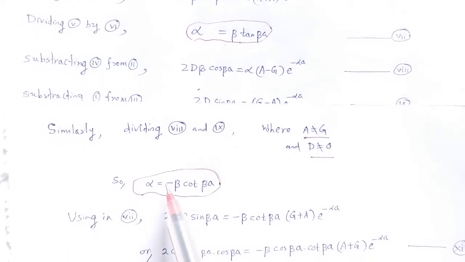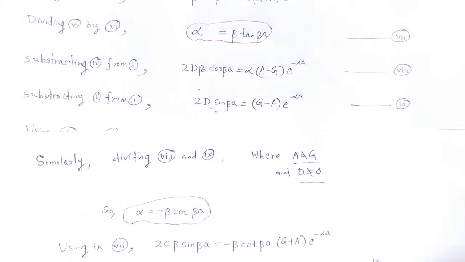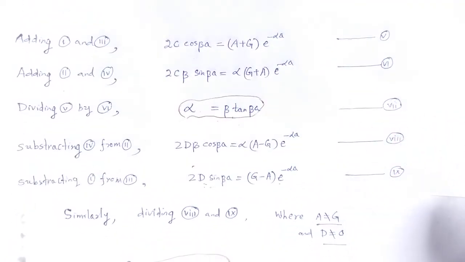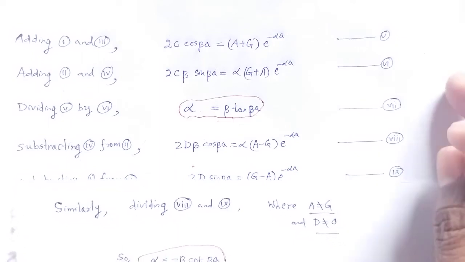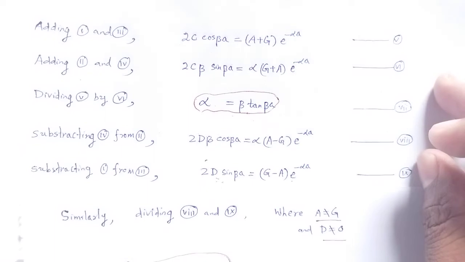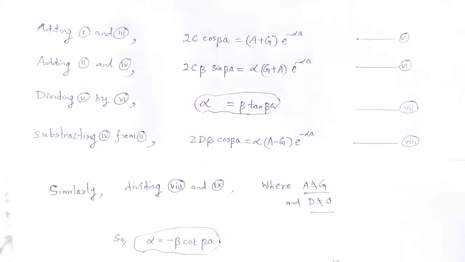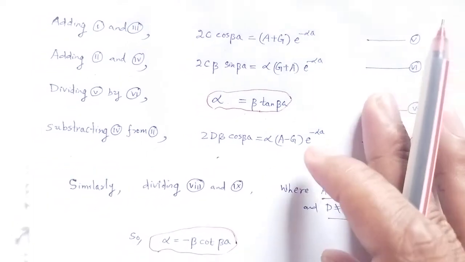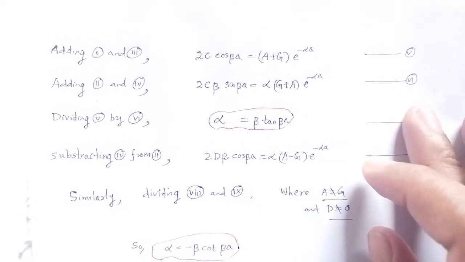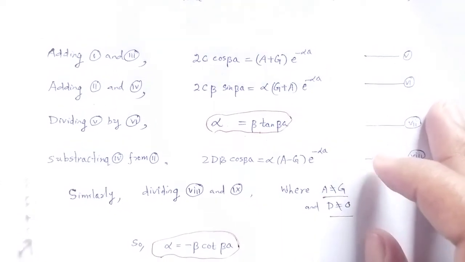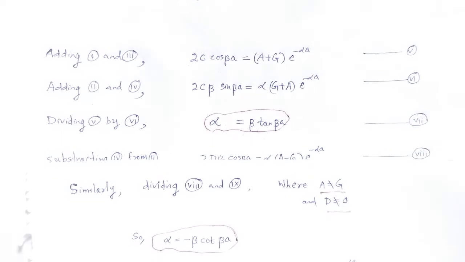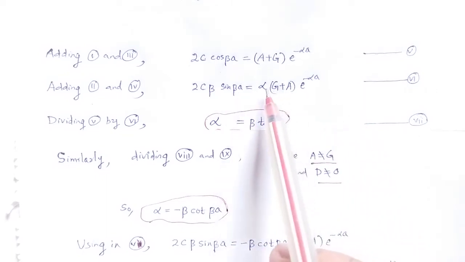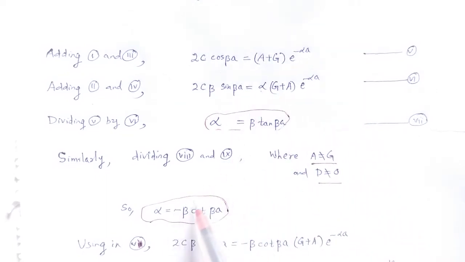Therefore we use the value of alpha in equation vii. When we substitute the value of alpha, not in vii, but in v, look at v, just in place of alpha we substitute the value of alpha here.